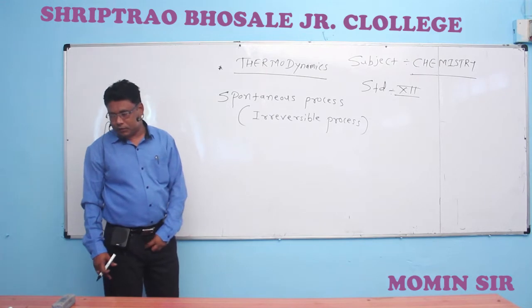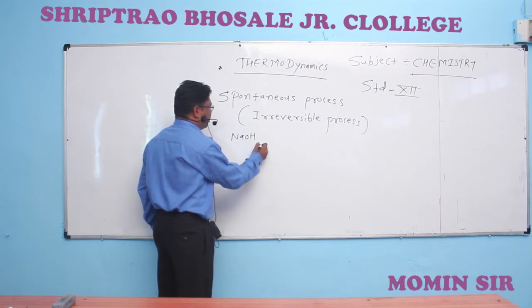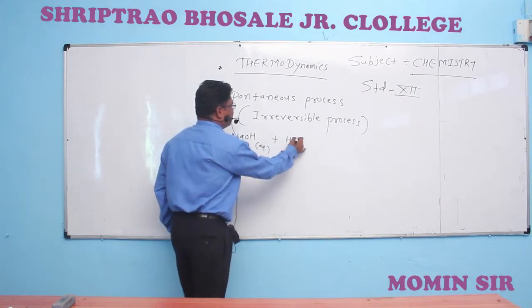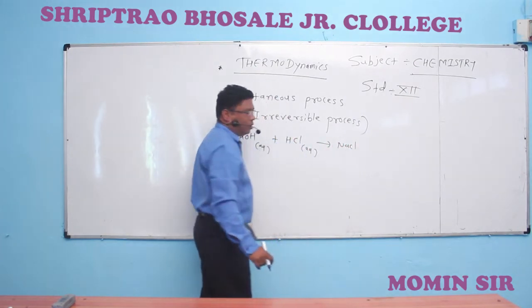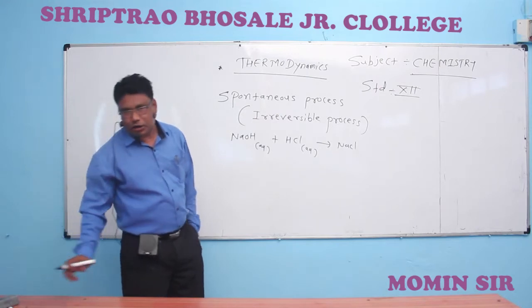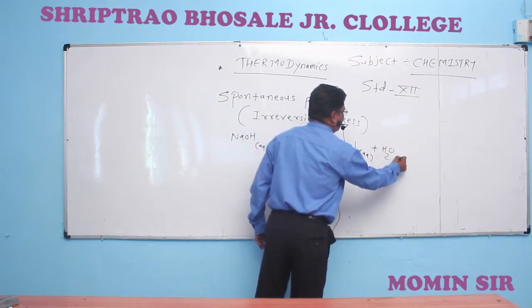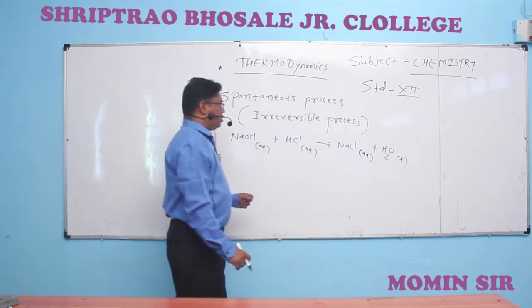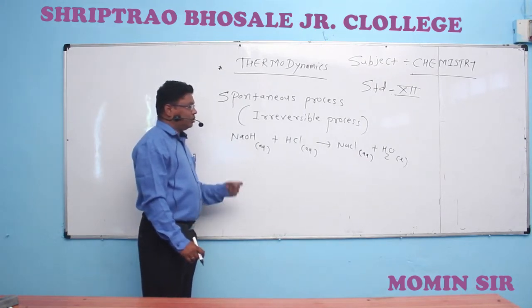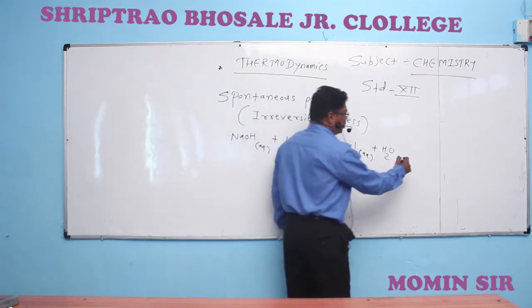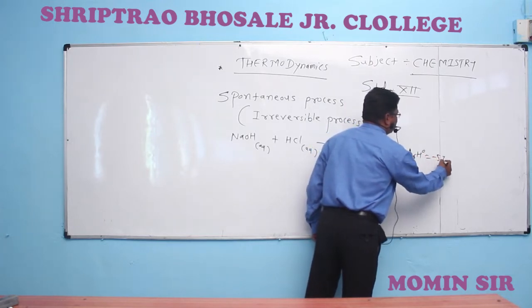You know that, for example, sodium hydroxide NaOH aqueous plus HCl aqueous gives NaCl aqueous plus H2O liquid. In this reaction, the standard enthalpy change is minus 57 kilojoule.